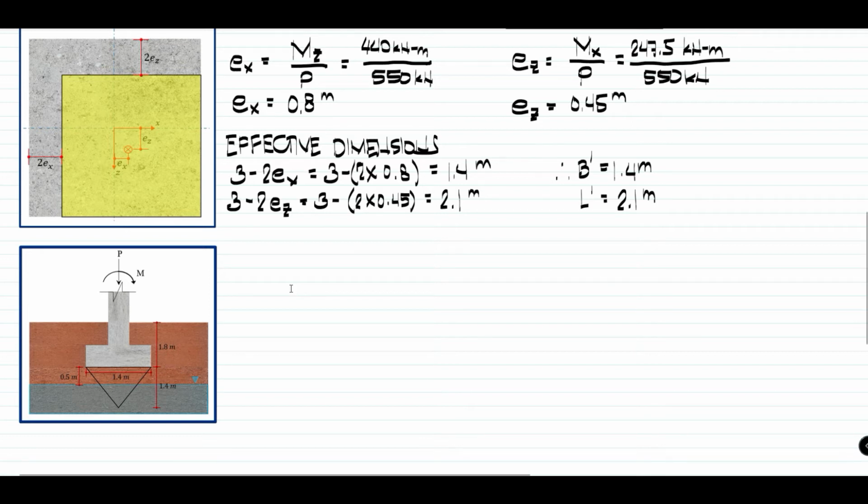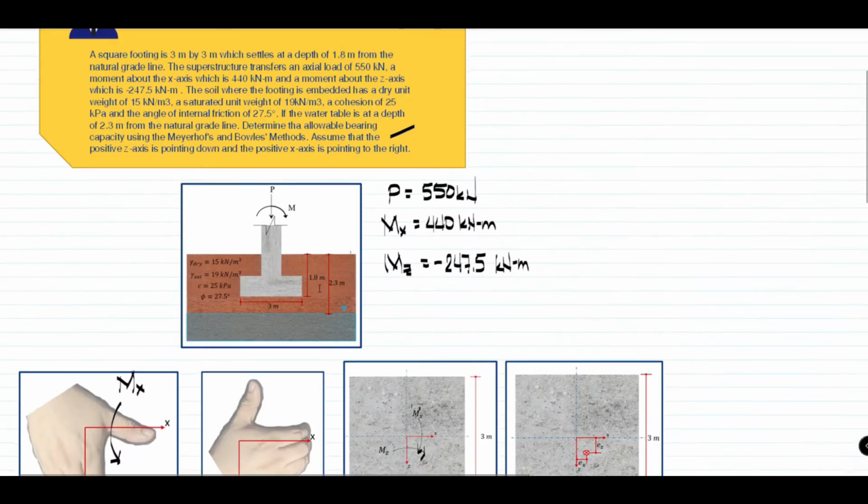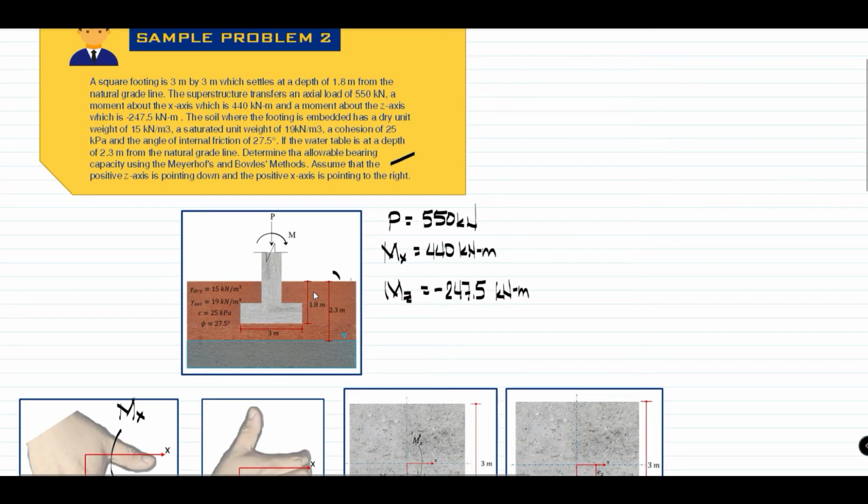And as you can see here, we have the value D, which is the distance from the base of the footing to the water table, which is 0.5. Saan yan galing? Yung D na yan, galing lang yan sa given din natin. So, 2.3 kasi yung depth ng water table at yung depth ng footing is 1.8.